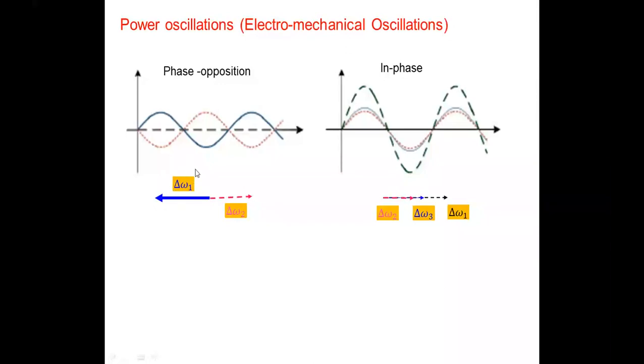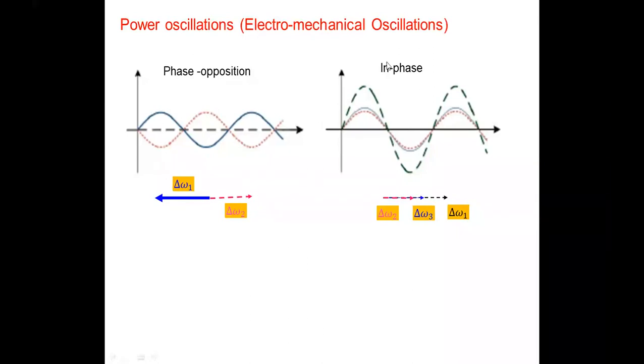As I said, you can use the angle state variable or the angular speed, but here we have the angular speed. So the vector representation of angular speed for two generators in phase opposition will be a 180-degree phase shift.